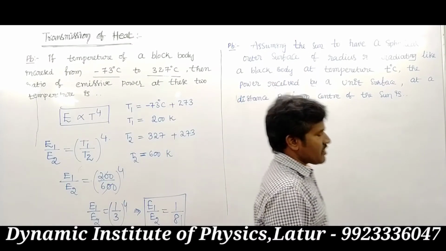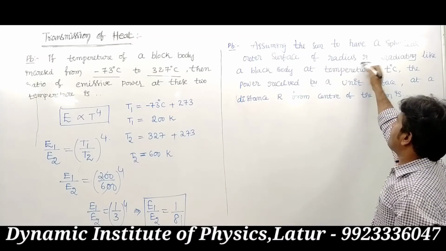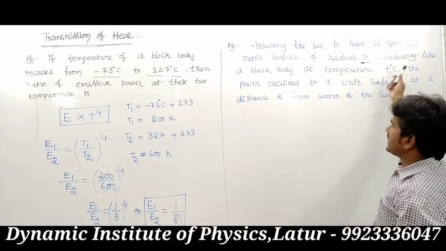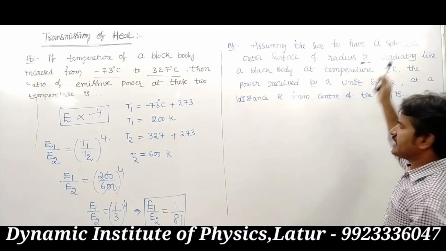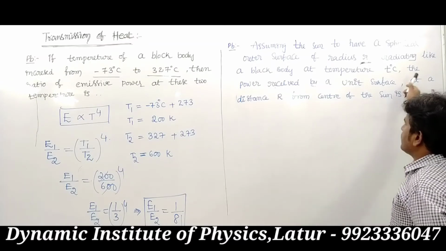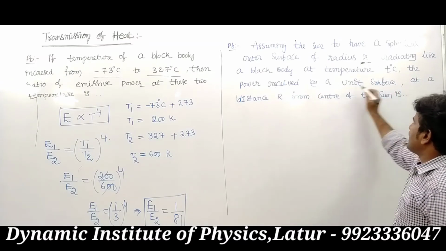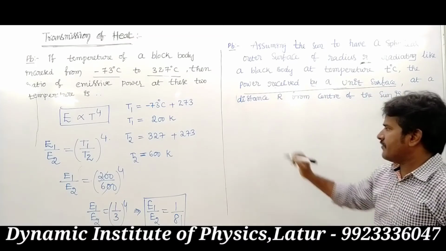Assuming the sun is a spherical black body of radius r, radiating at a temperature of t degrees centigrade, we want the power received by unit surface area.